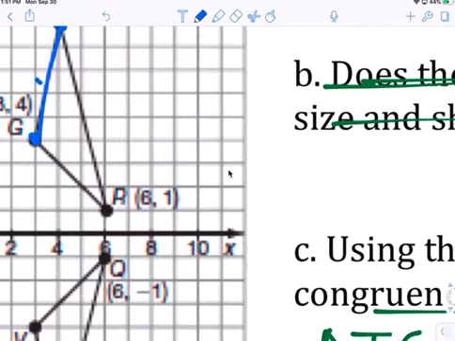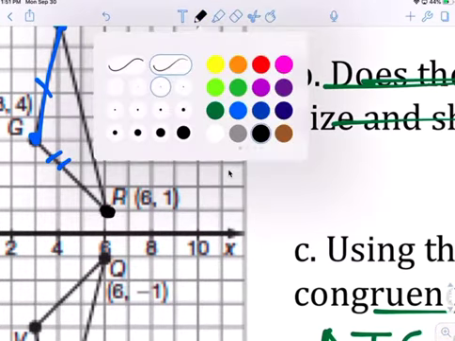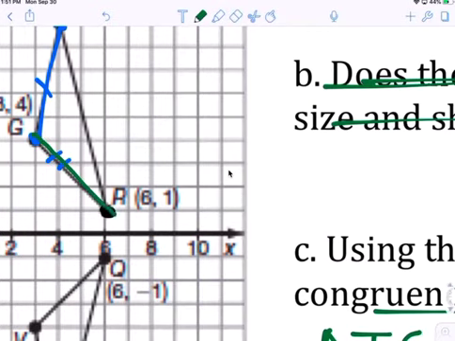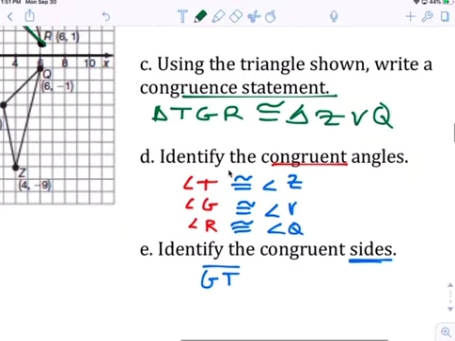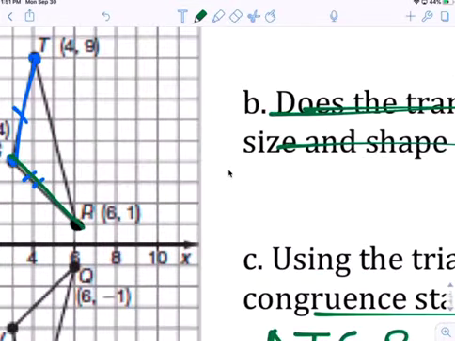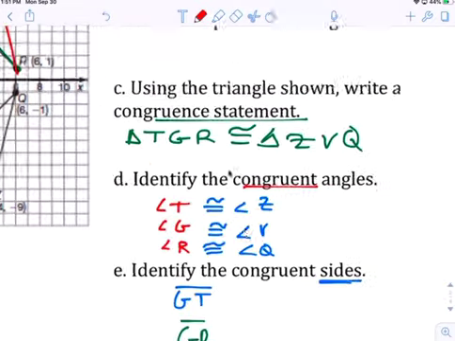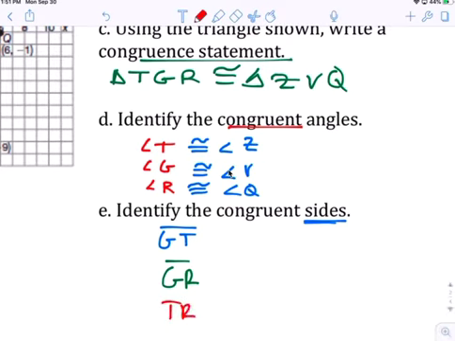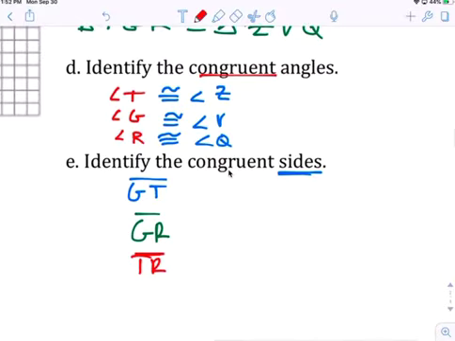To make the second side, letter G has to connect to letter R. G connects to letter R, that's side 2, GR. And the last and third side in a triangle is T and R. T and R, these are sides. That's why we put the line on top to represent side.